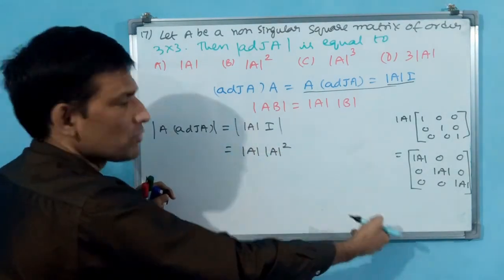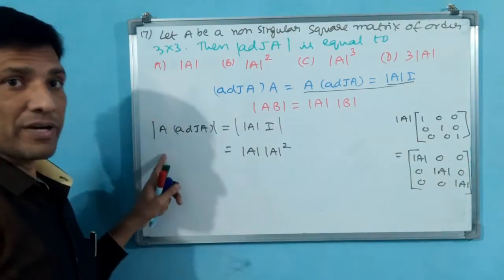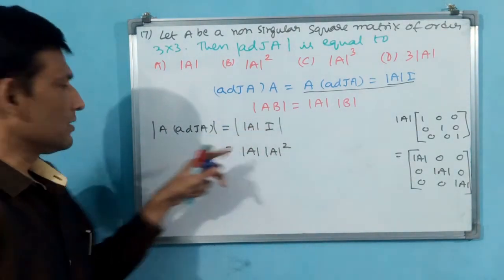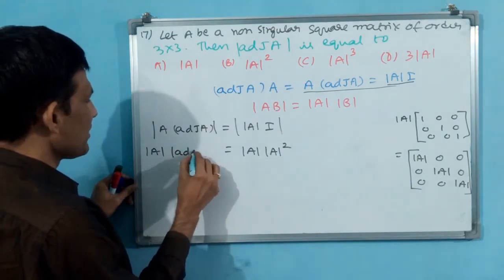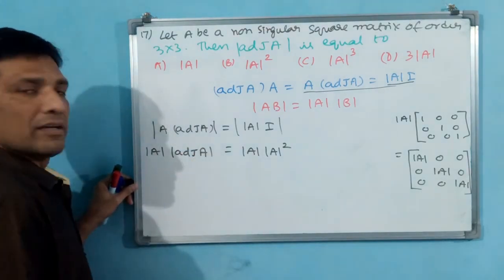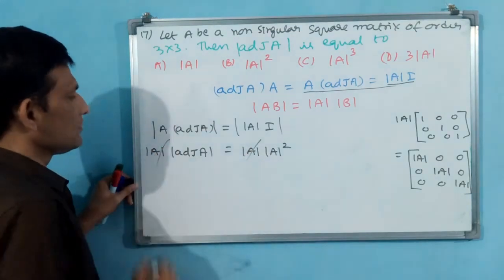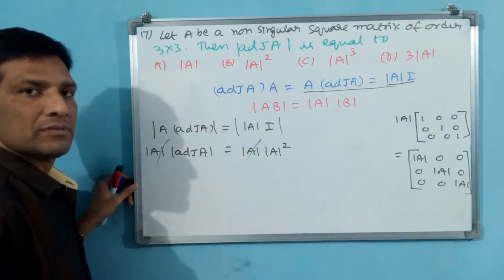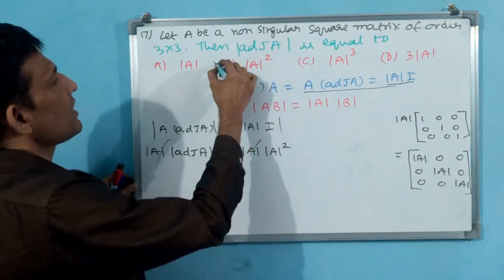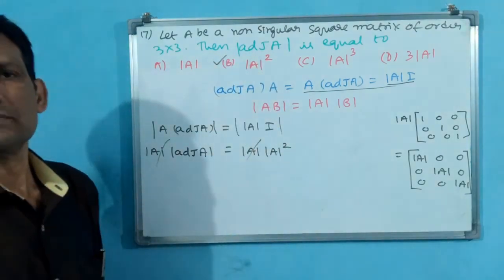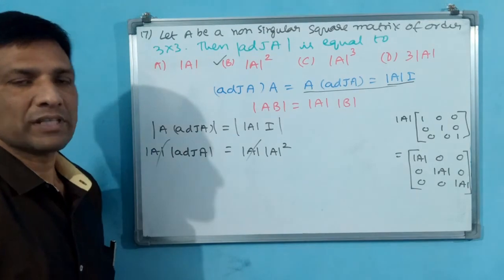This side you see, determinant A into determinant B, like that it will split: determinant A into determinant adjoint A. Now we cancel these two. That's all. Adjoint A determinant is determinant A square. You put this one. You understand the concept? Okay.